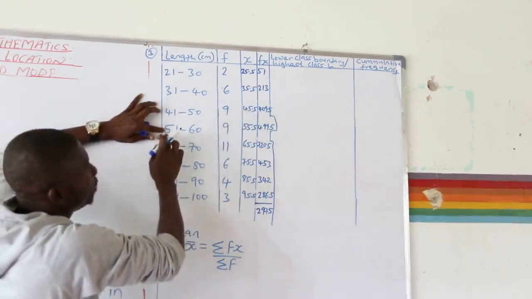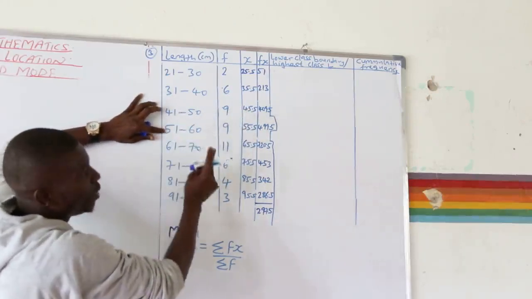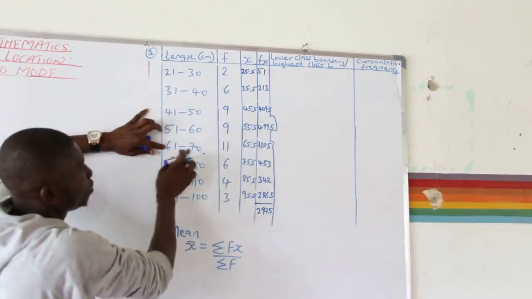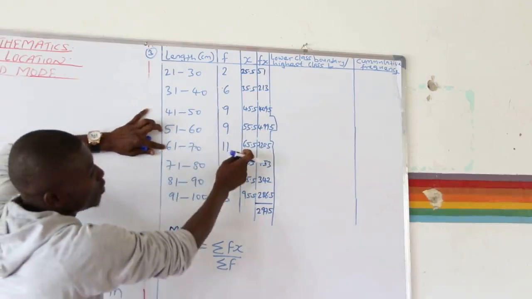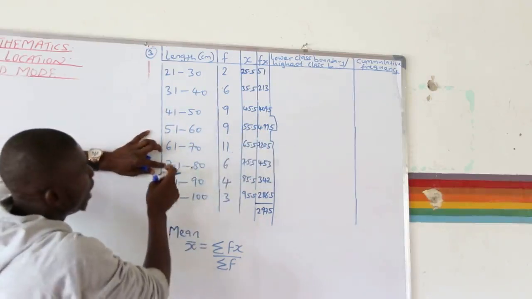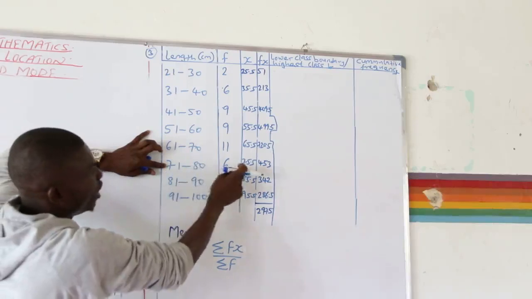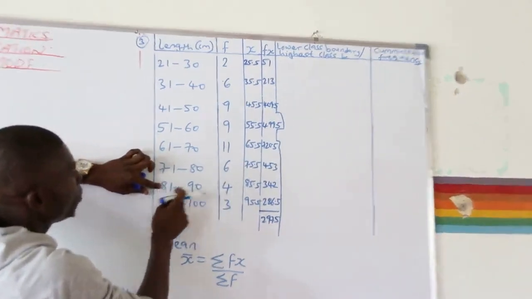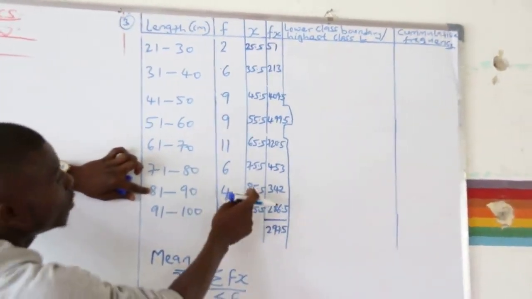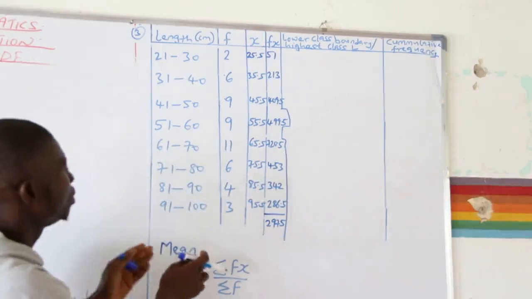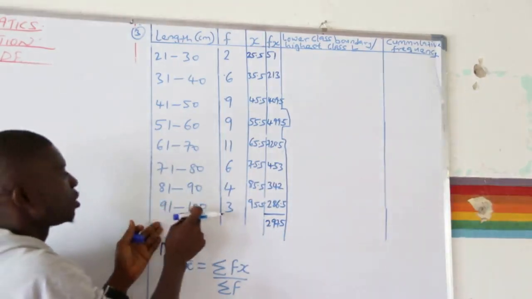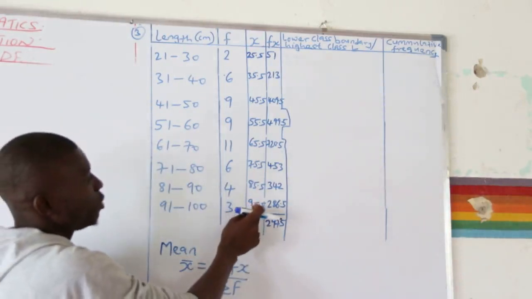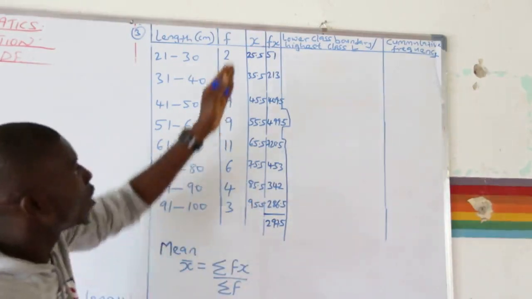The next, add 51 plus 60 divided by 2, gives 55.5. Then 61 plus 70 divided by 2 gives 65.5. Then 71 plus 80 divided by 2 gives 75.5. Then 81 plus 90 divided by 2 gives 85.5. The last one is 91 plus 100 divided by 2, which gives 95.5.